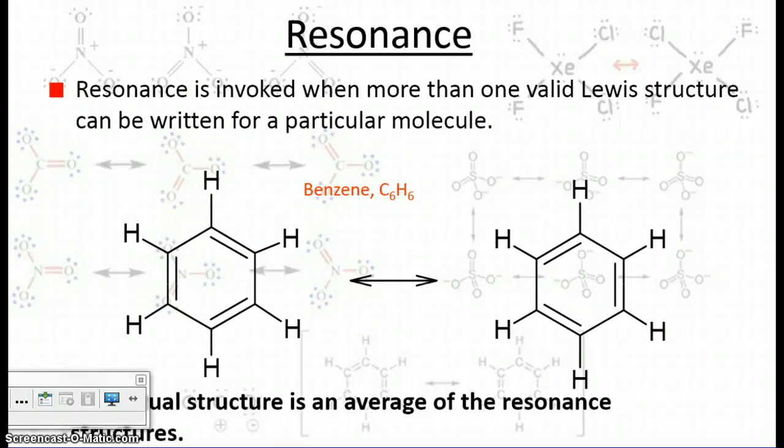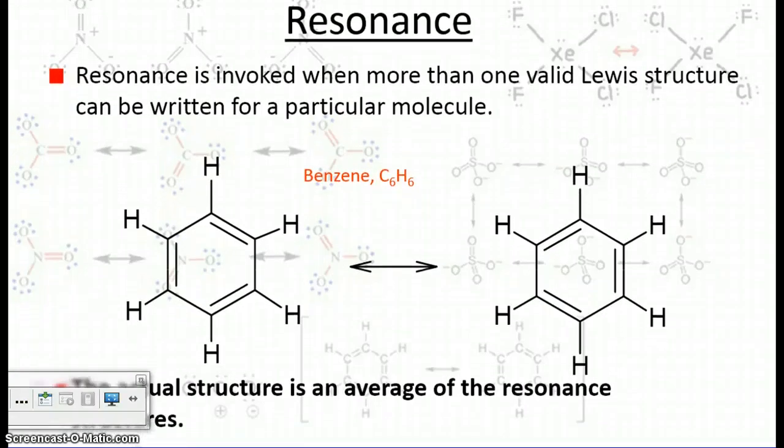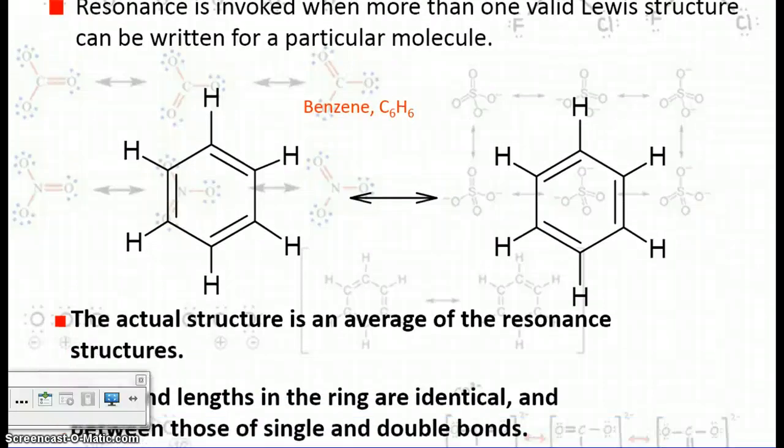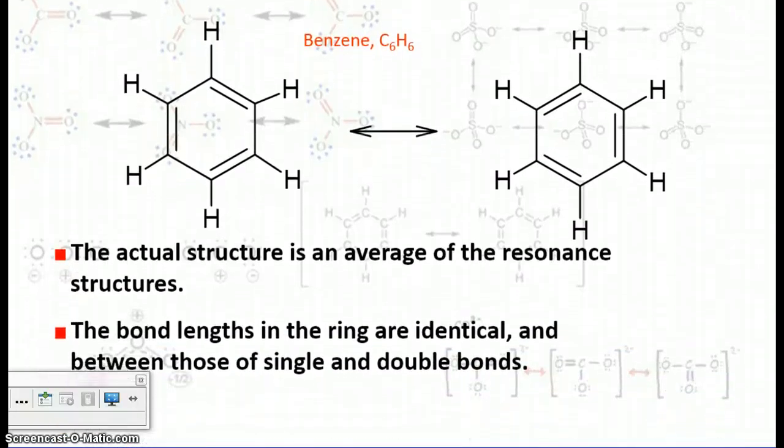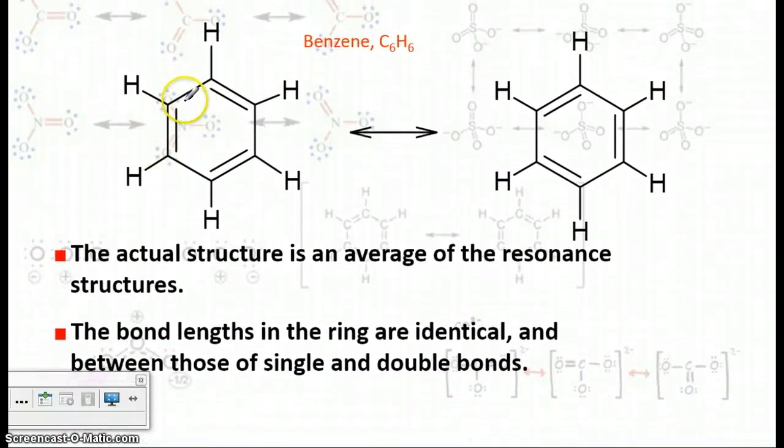Here's another example of resonance with more than one valid structure. We see benzene. Benzene is this ring right here. We have double bonds and single bonds in the ring, so we don't know if the double bond occurs here or here, as you see. So we show this with our double-headed arrow.